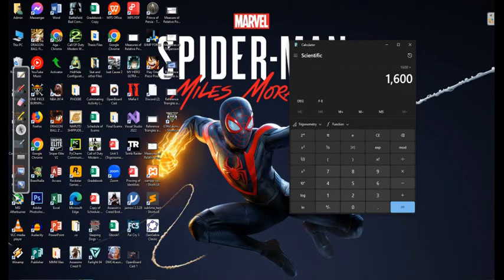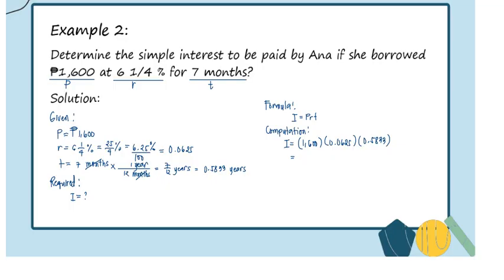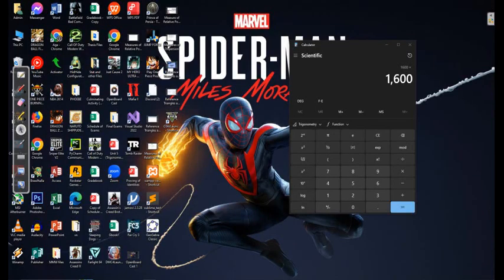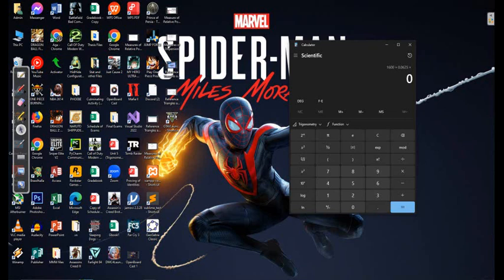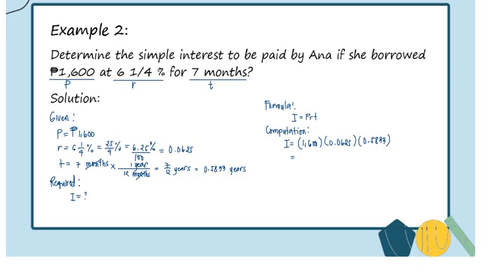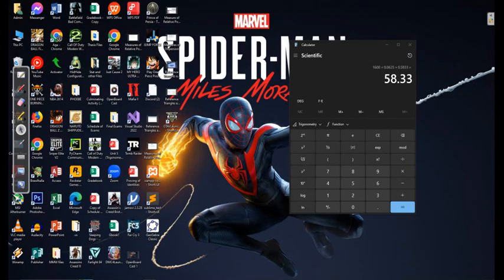As an exercise. 1,600 times 0.0625 times 0.5833 is going to give us 58.33. So therefore, we would get 58.33 as our interest or simple interest for this problem.